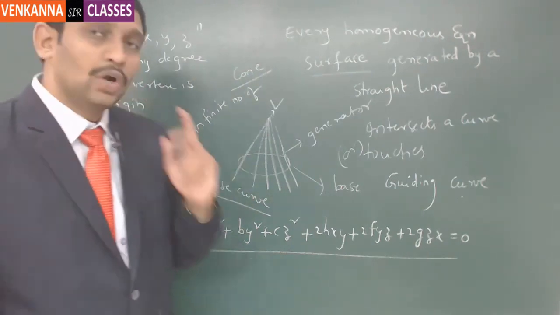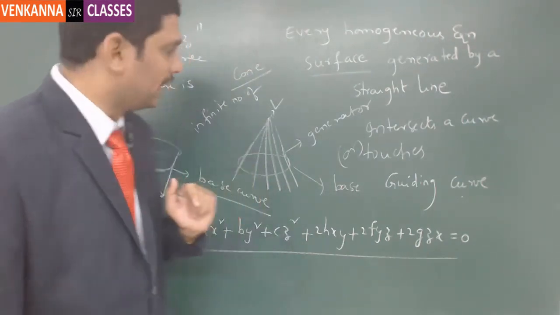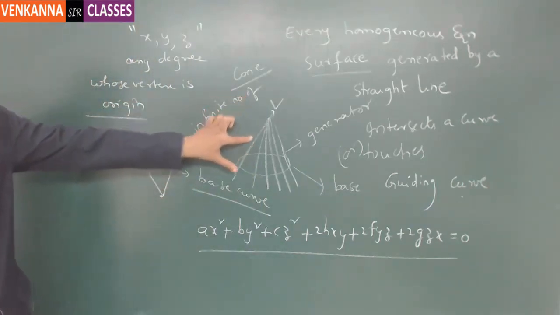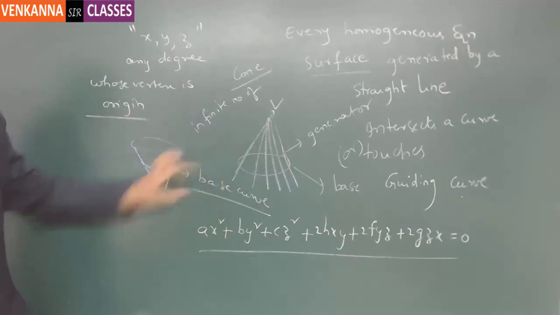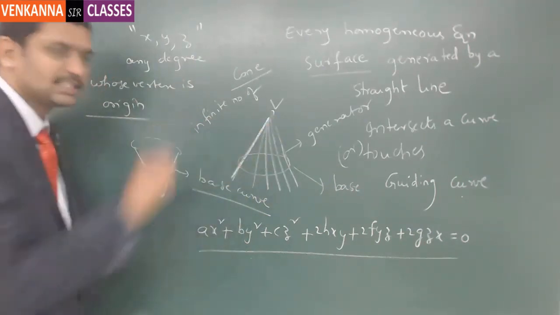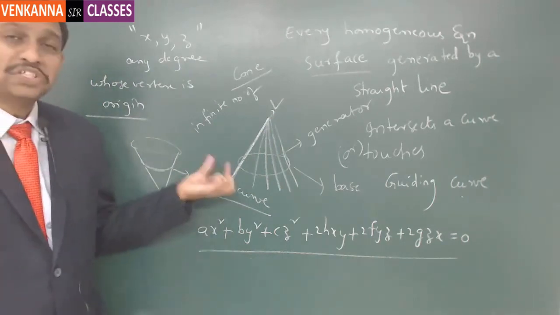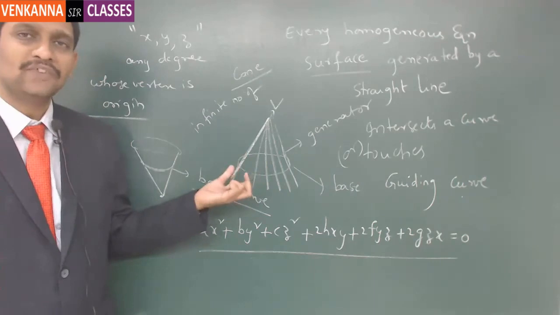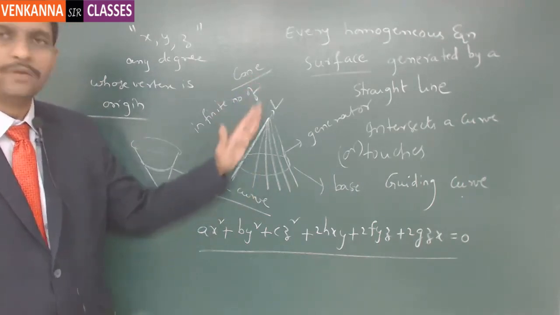Before that, we need to remember one condition: if you understand the definition of a cone, it contains an infinite number of generators. A generator is nothing but a straight line lying on the cone.